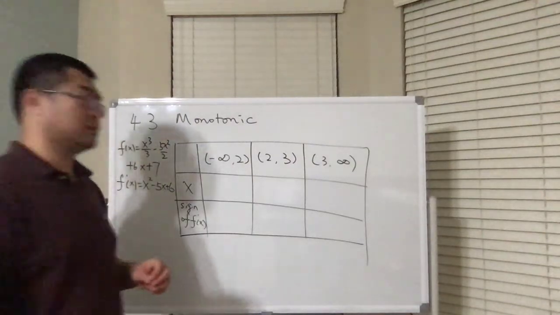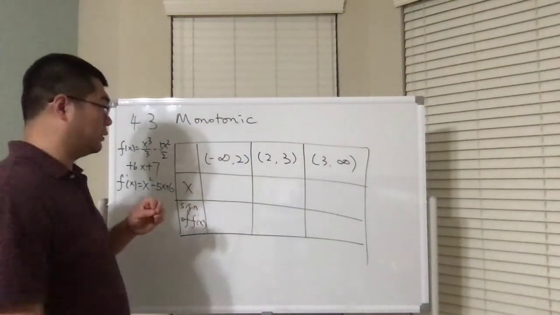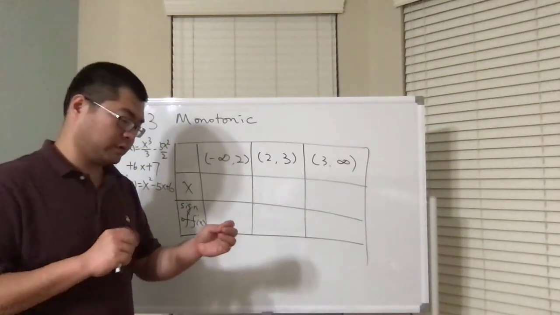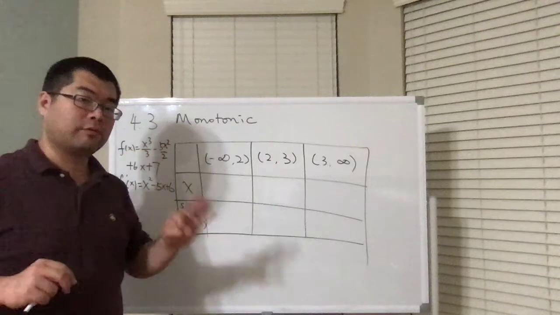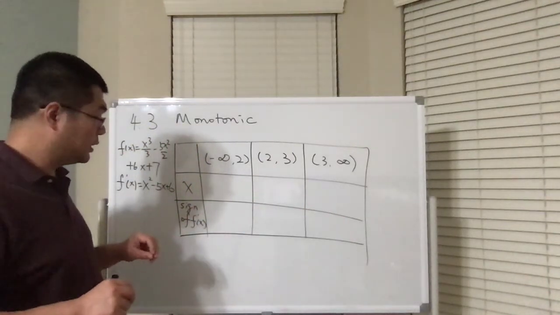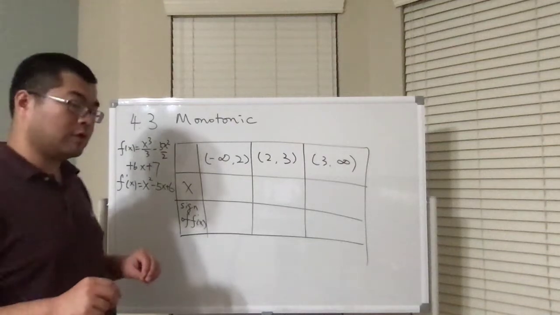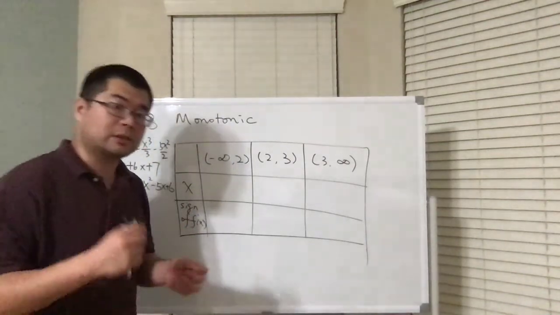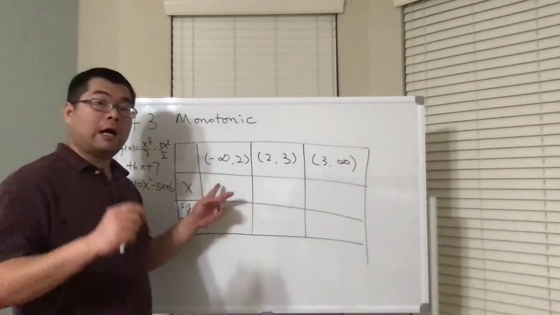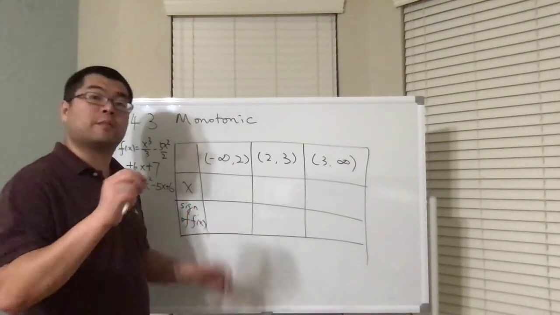So right now, what are we going to do? We plot those two critical numbers, partition my interval into 3 pieces, and then start to list the table. This is what we call the point testing technique. What I'll do here is pick a random point from each interval.